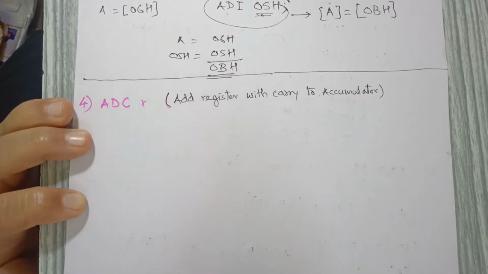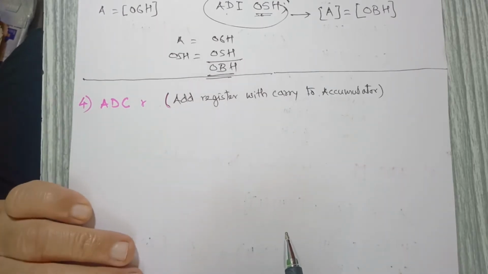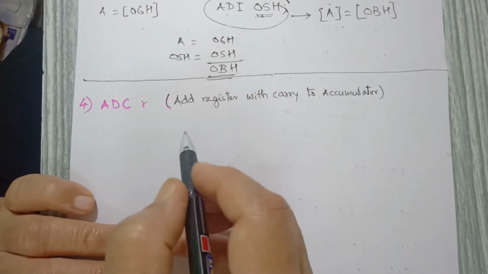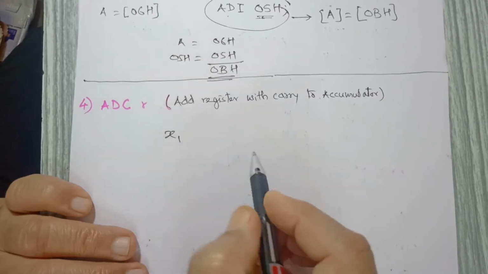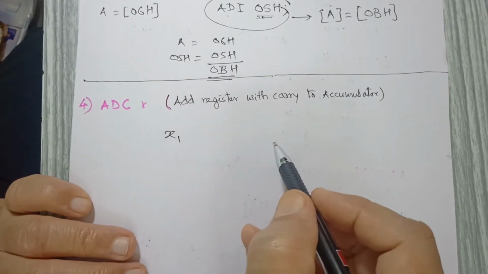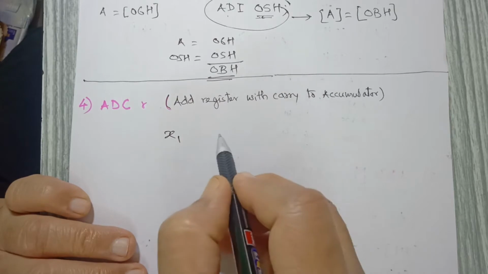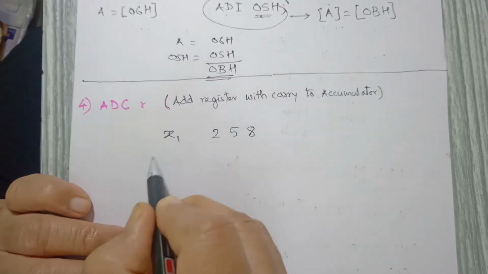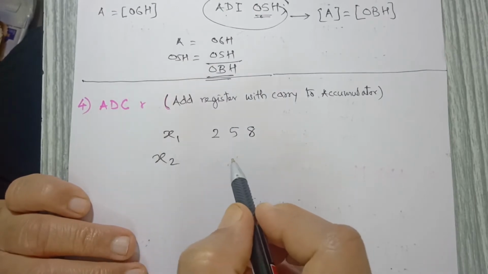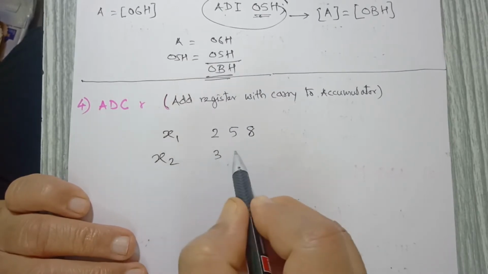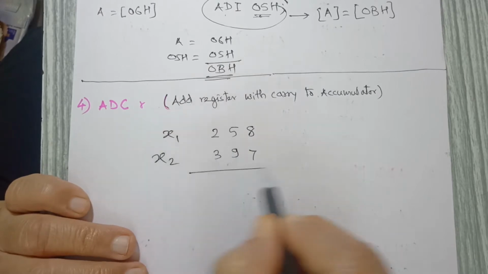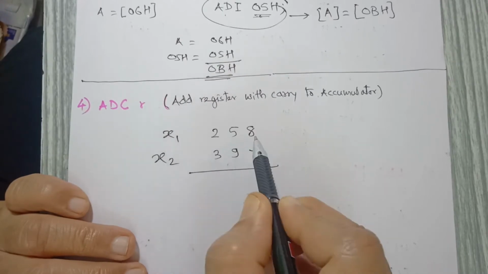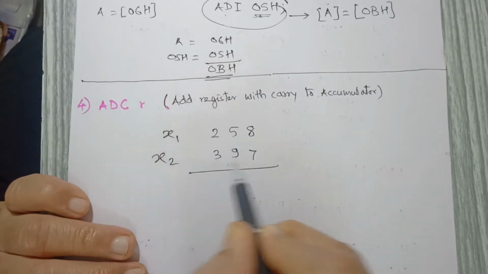In order to understand, let us consider an example from our popular decimal number system. Let us consider an example in the decimal number system. x1 is a multi-digit number. Suppose x1 is 258 and x2 is 397. x1 is a 3-digit number, x2 is a 3-digit number.